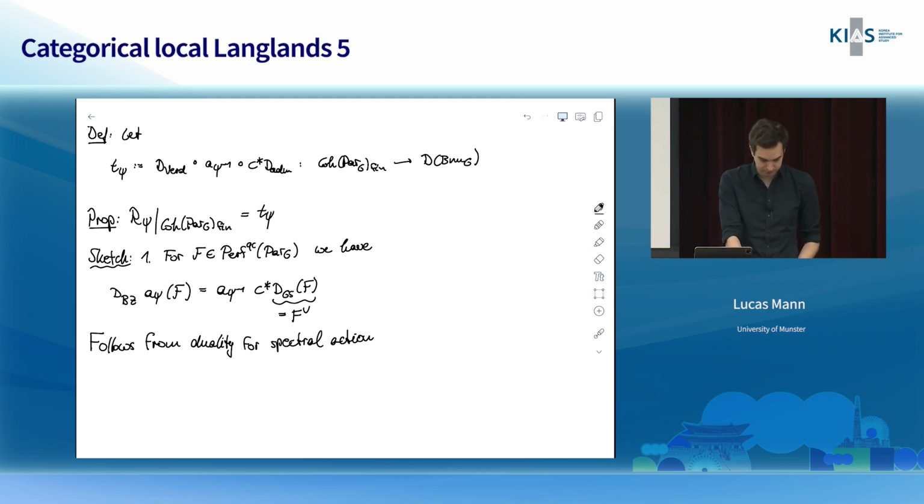This comes from the fact that this A psi was not literally the spectral action. It's the spectral action applied to this W psi. And so if you apply the Bernstein-Zelevinsky duality to this A psi F, you will see that the Bernstein-Zelevinsky dual of W psi appears. And so you have to understand this. This is the second statement that you need to know.